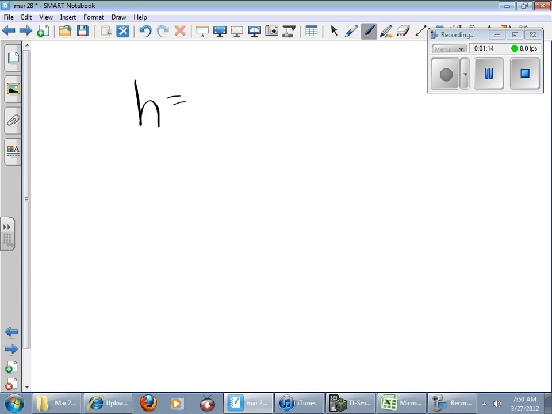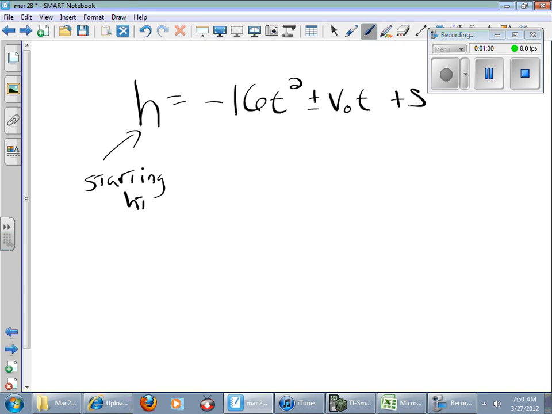Okay, we've been working off of this equation now: h equals negative 16t squared plus or minus v sub o t plus s. And remember that this is your ending height.